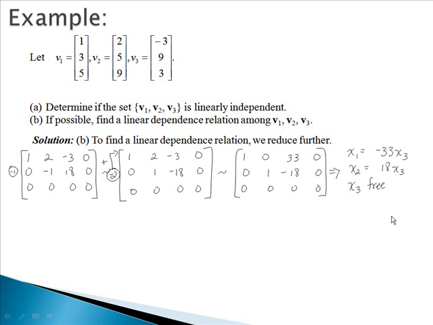So to find our linear dependence relation, we can choose any non-zero value for x3. So let's say that x3 is 1. And when we do that, then we'll get that x1 is equal to -33 and x2 is equal to 18.